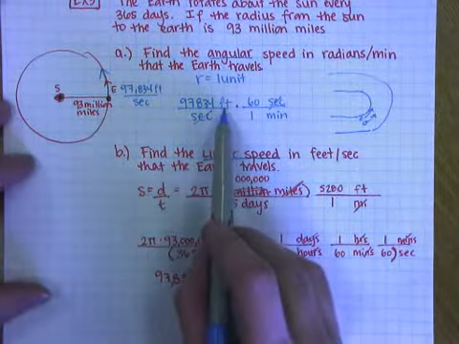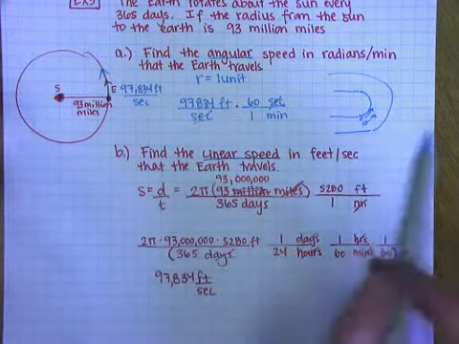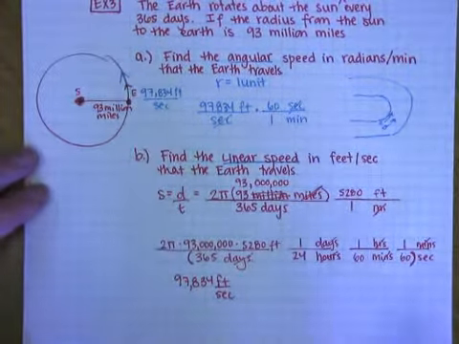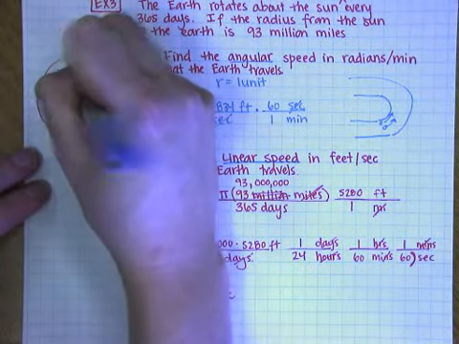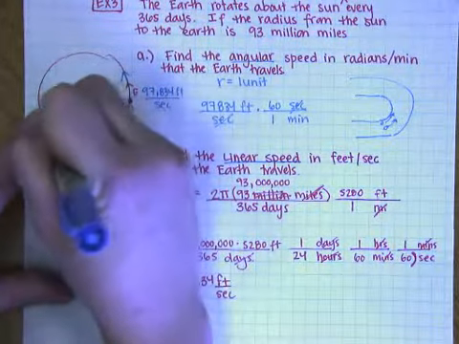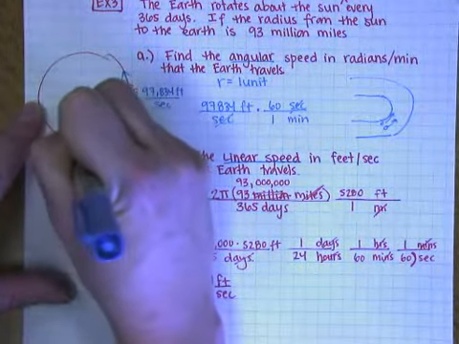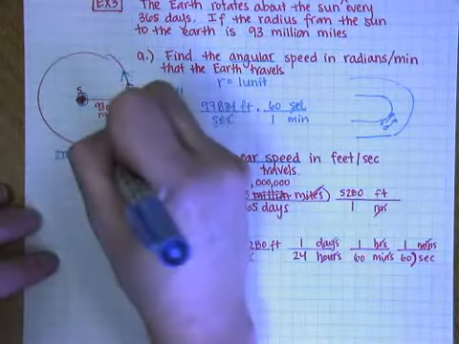And now I need to get rid of feet. I need some way to get rid of feet and to get me into radians. So I need a comparison factor. Here at the unit circle, once around the unit circle, it has a radius of 1 unit, is 2 pi. So 2 pi radians is equal to 1 revolution.